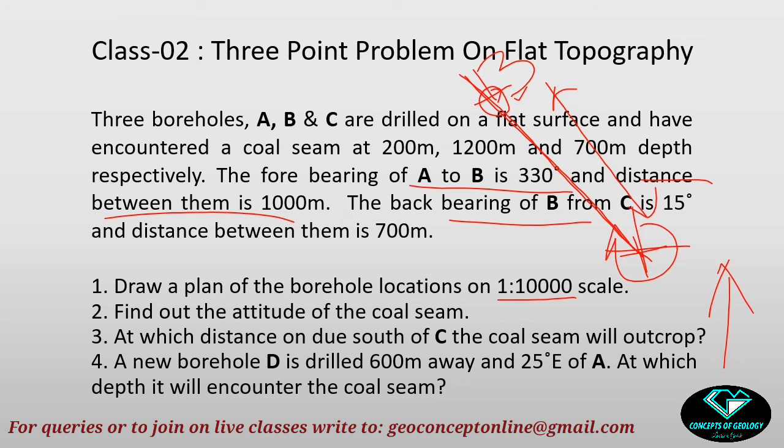So here the clue is you need to convert the back bearing into forebearing value, and the hint here is the forebearing and back bearing have a difference of 180 degree. So you convert the back bearing value into forebearing and plot it. You will get C. Suppose I am having C here. The distance is given, it will be 700 meter, this line will be 700 meter. So this is C. So I will join the points ABC and I will get the triangle. So these are the clues on how to solve the problem.